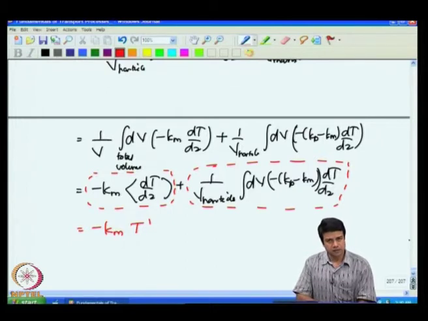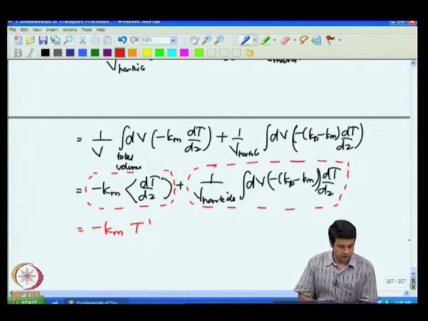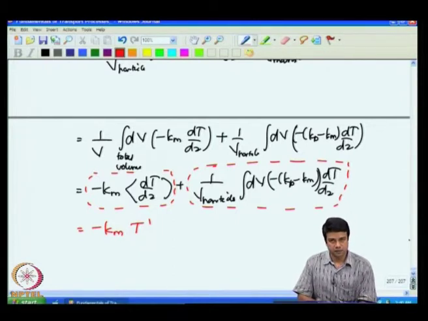This is an integral over all the particles. However, at the beginning I had made the assumption that the system is dilute, so that the presence of one particle does not affect the temperature field around the second particle. In addition, this depends only upon the temperature gradient locally near the particle.